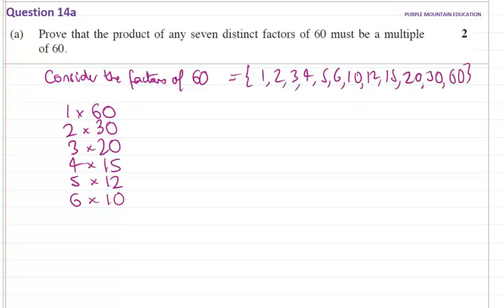But they're naturally grouped in pairs. So there are 6 pairs of factors.